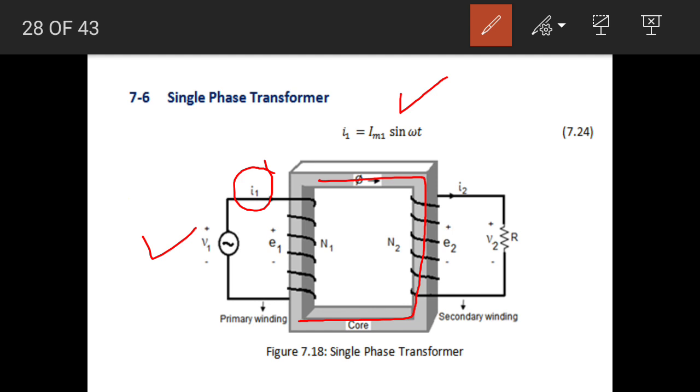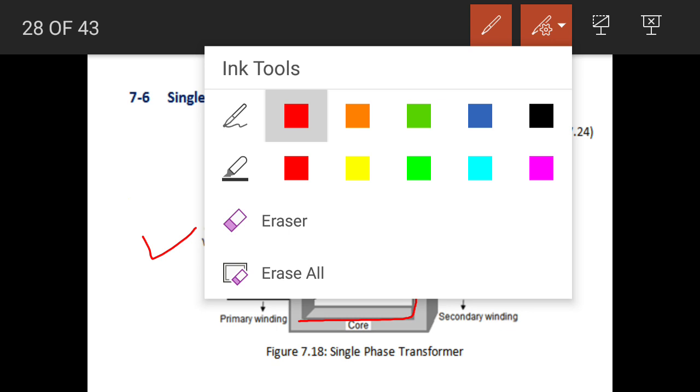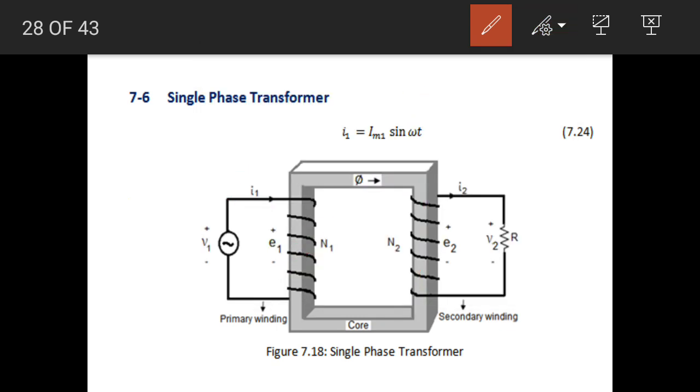You see, the primary winding is located in its own time varying magnetic field, and if we place a winding of n number of turns in a time varying magnetic field, voltage will be induced across this winding in accordance with Faraday's law.